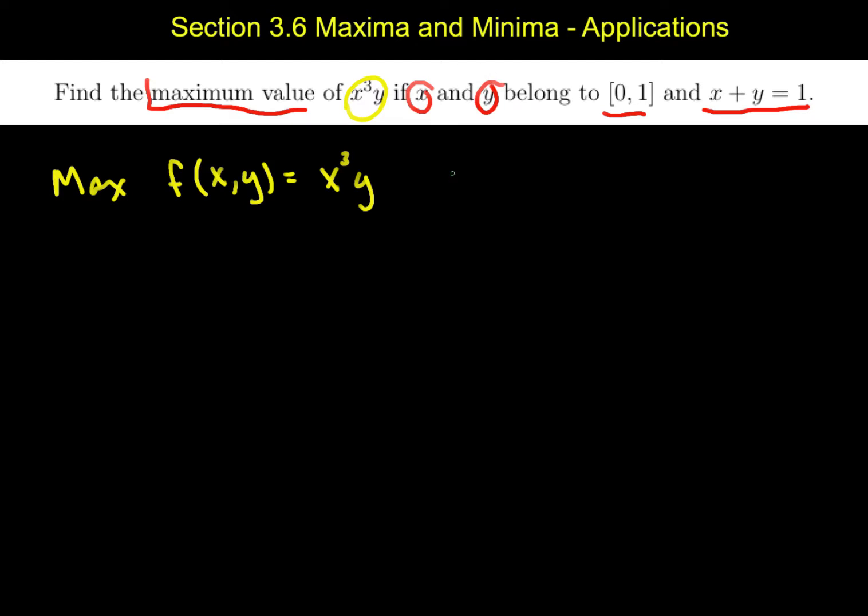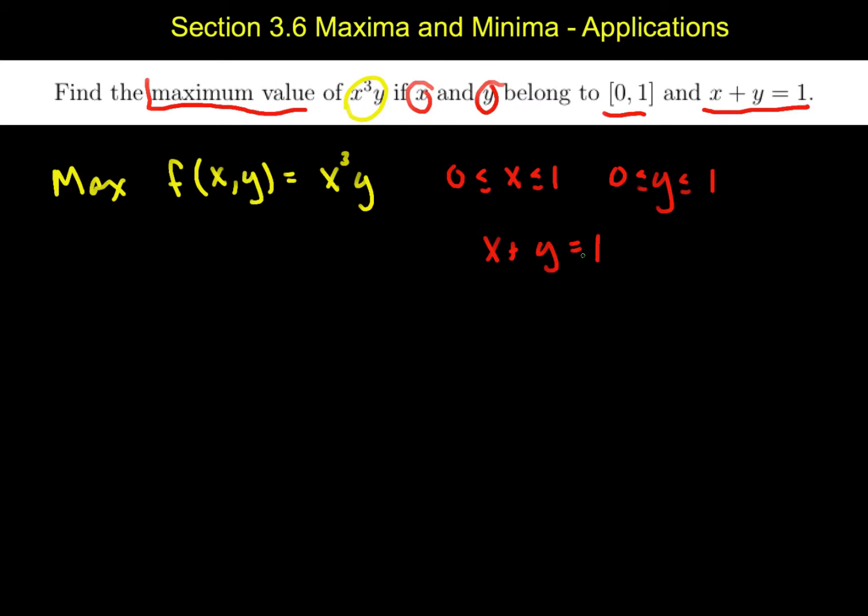We've got that 0 is less than or equal to x, less than or equal to 1. We have that 0 is less than or equal to y, less than or equal to 1. And we have that x plus y is equal to 1. So we've gotten all our facts down on paper, and now we need to figure out how to solve this problem.